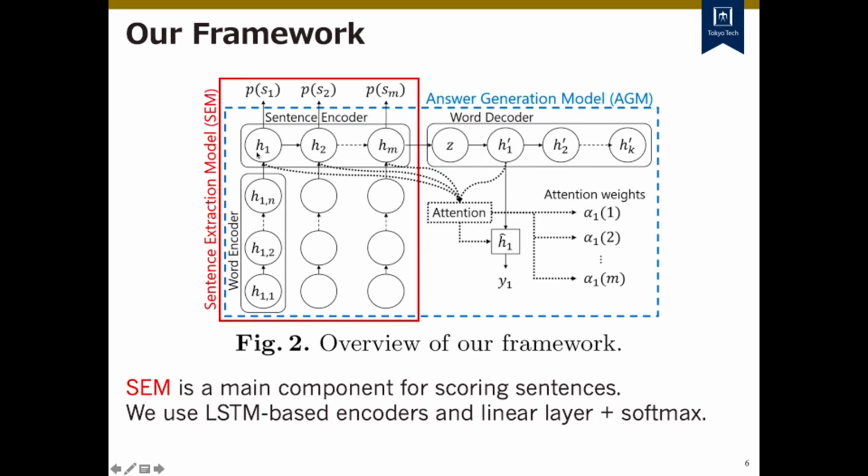Then sentence encoder reads the sentence representations. We use bidirectional LSTM for the encoders. Finally, a linear layer scores every hidden state, and a softmax function converts them to probability distribution.